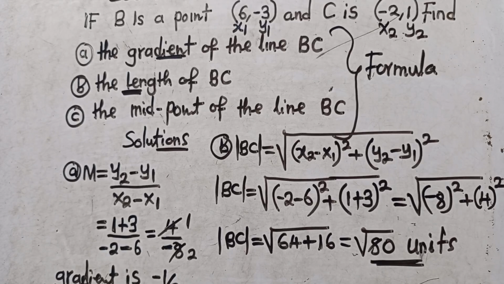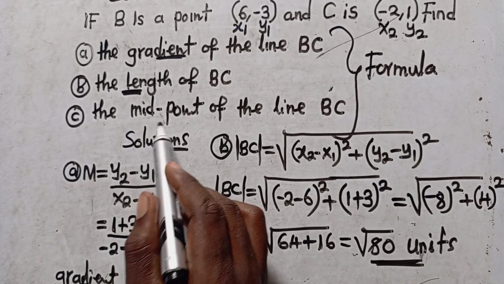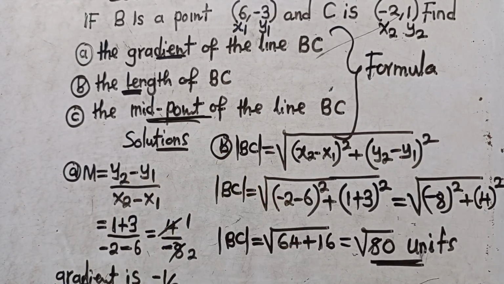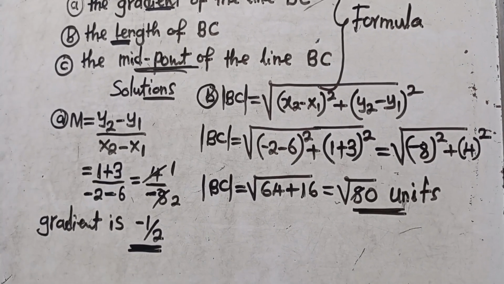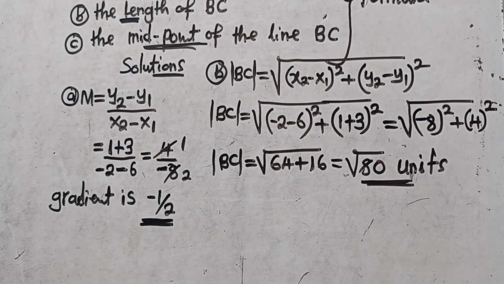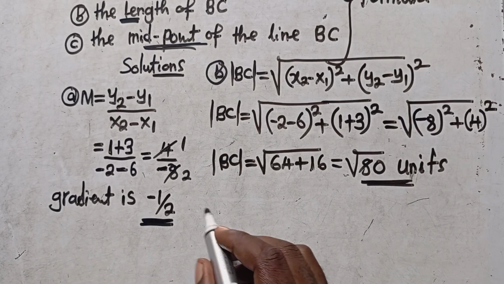We now move on to the other thing. The next thing is you are told to find the midpoint. For the midpoint, you just need to understand the formula. Once you know the formulas, these things become simple.